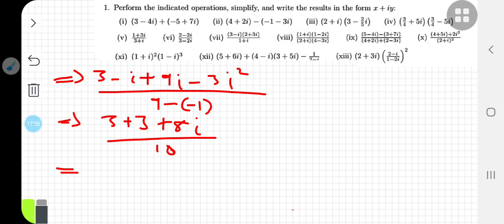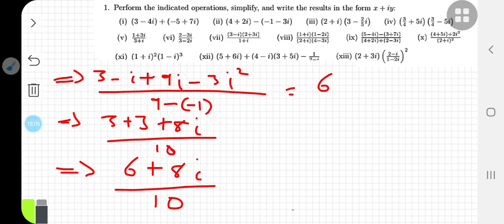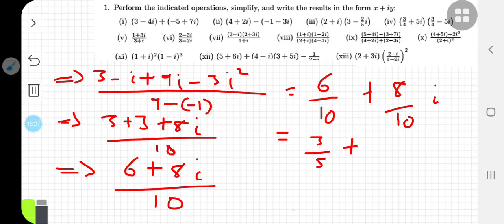So then we have 6 plus 8i over 10. So this can also be written as 6 over 10 plus 8 over 10i. But we still have numbers that can go into 6 and 10, into 8 and 10. So 2 into 6 gives us 3 over 5 plus 4 over 5i. Then this becomes our solution.